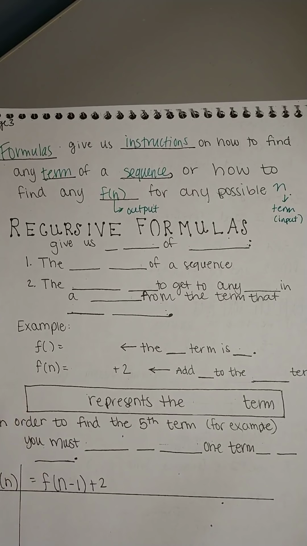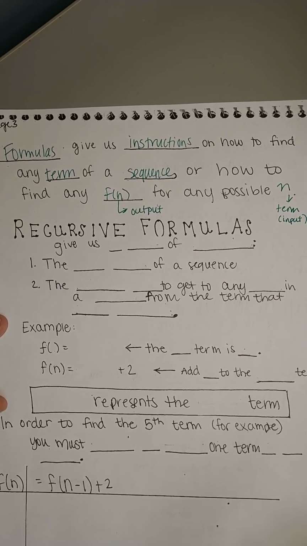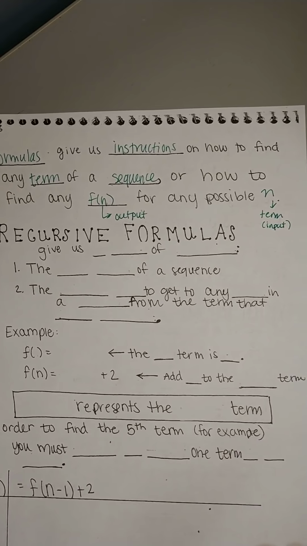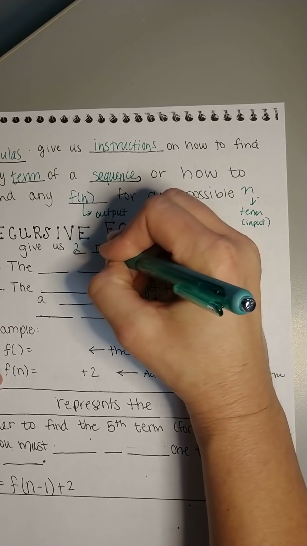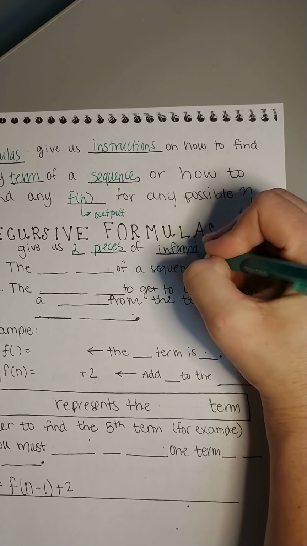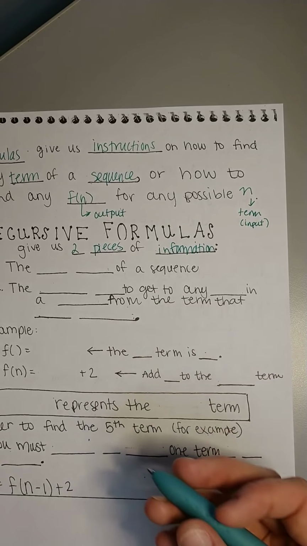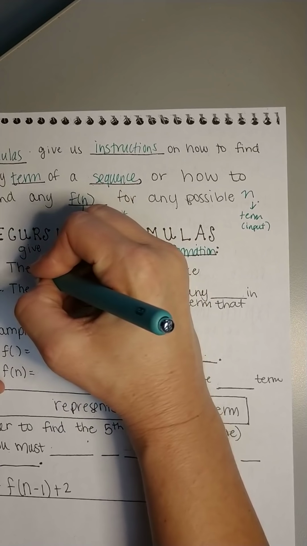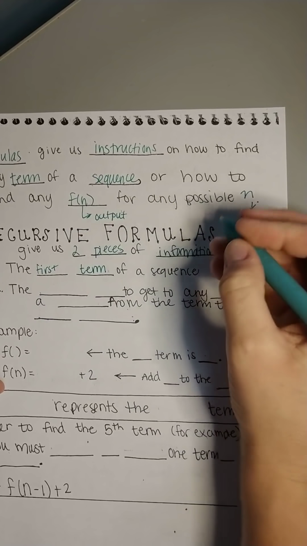Okay, so let's take a look. We've got 2 types of formulas. The first one is called recursive formulas. Recursive formulas give us 2 pieces of information. The first piece of information is the first term of a sequence.